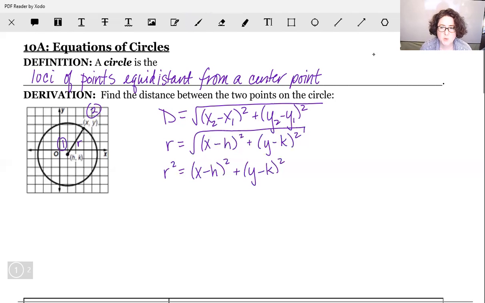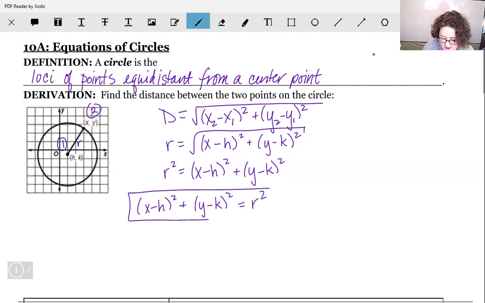And if I actually switch those orders, writing the longer piece on the left, (x minus h) squared plus (y minus k) squared equals r squared, then that is the formula we can use for a circle. It really is just the distance formula, but tweaked a little bit for the exact points that we're using.